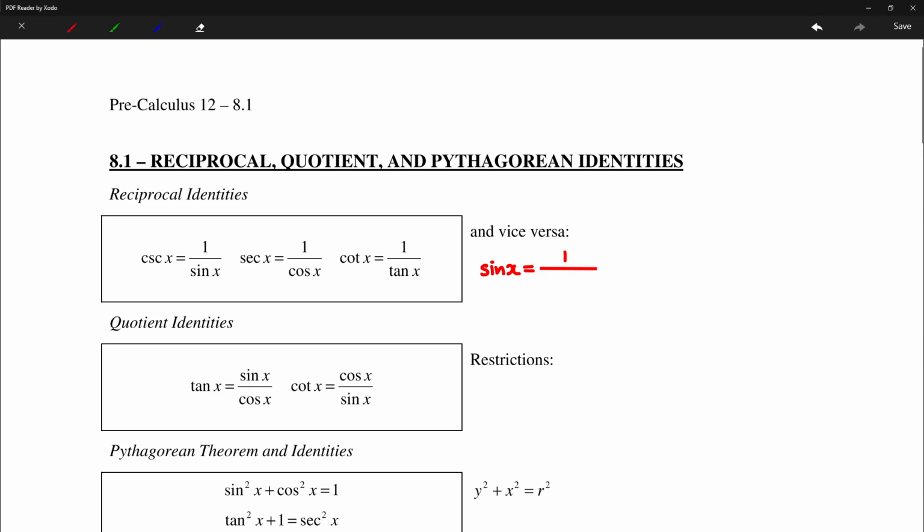That is something that we'll need to derive on our own, on a test or on a quiz. Likewise, cosine x is equal to 1 over secant x is also not going to be provided. And finally, tangent x is equal to 1 over cotangent x. That is something that needs to be derived as well.